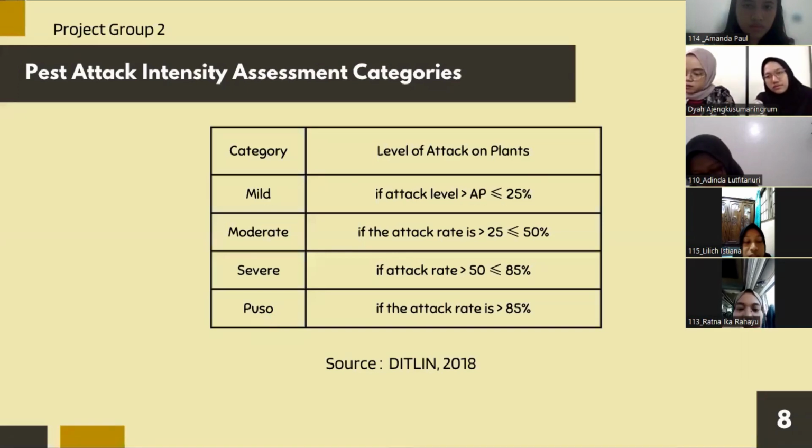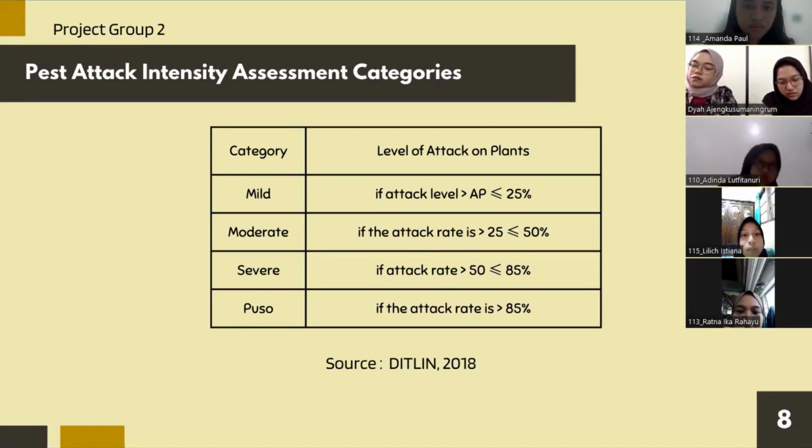And then this is the pest attack intensity assessment categories. Mild level of attack on plant if attack level is up to 25%. Moderate attack rate 25 until 50%.